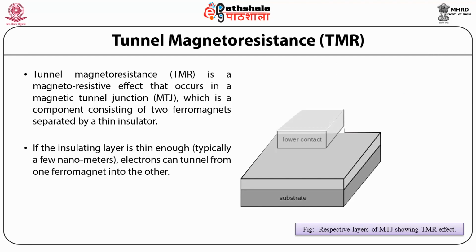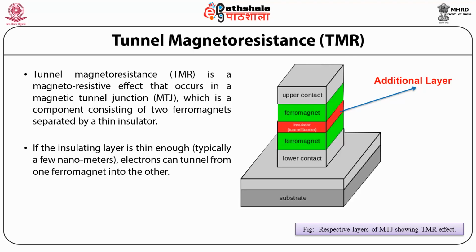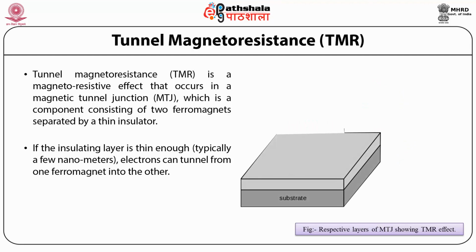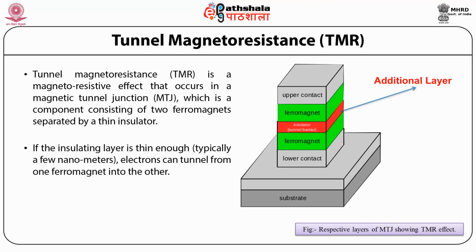If the insulating layer is thin enough, typically a few nanometers, electrons can tunnel from one ferromagnet into the other. Since this process is forbidden in classical physics, the tunnel magnetoresistance is a strictly quantum mechanical phenomenon.